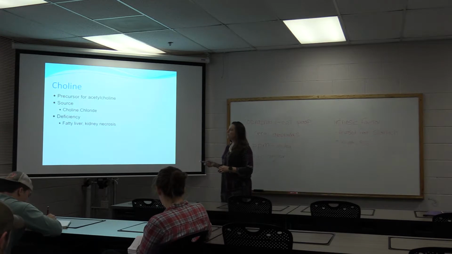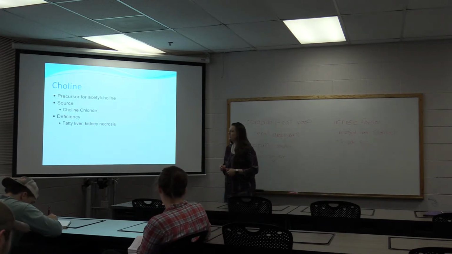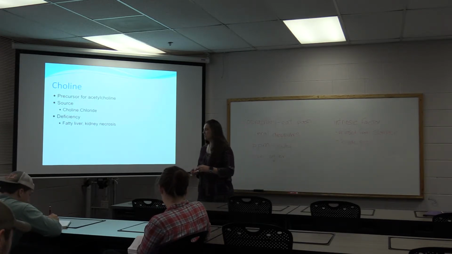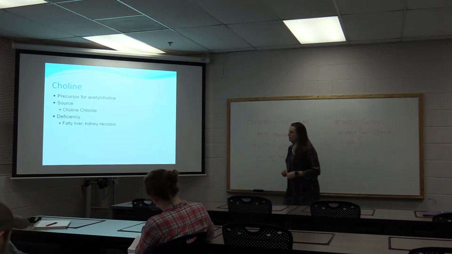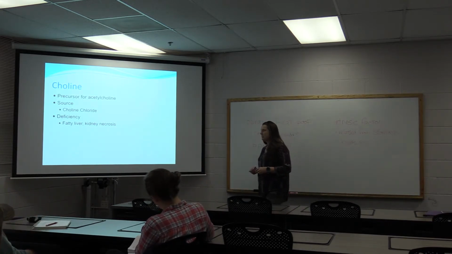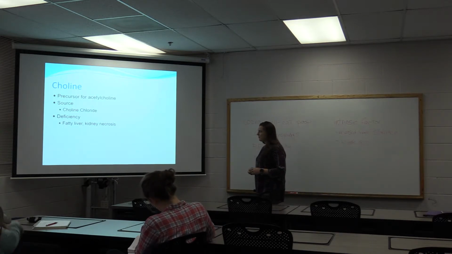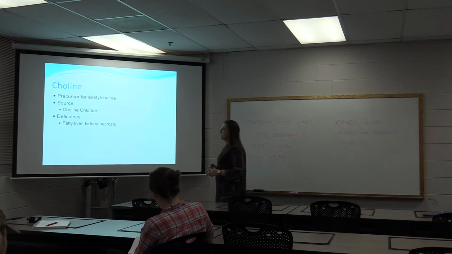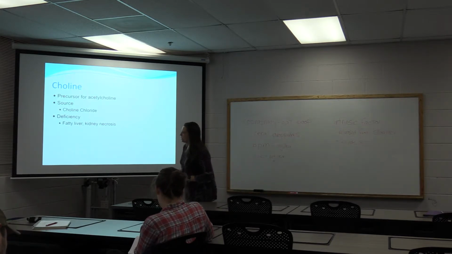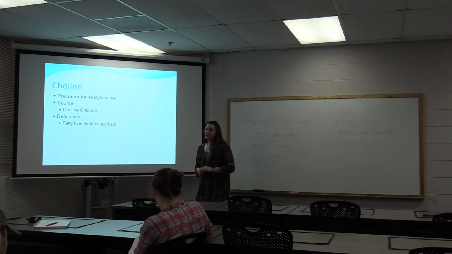So if you don't have choline, you're going to inhibit your acetylcholine. Choline's also involved in your methionine metabolism. Our source, we put it in the diet as choline chloride.